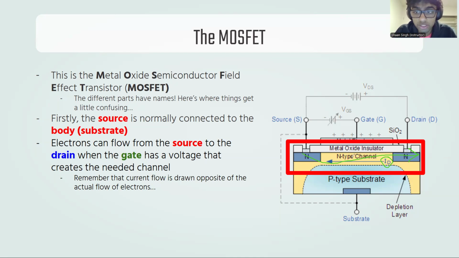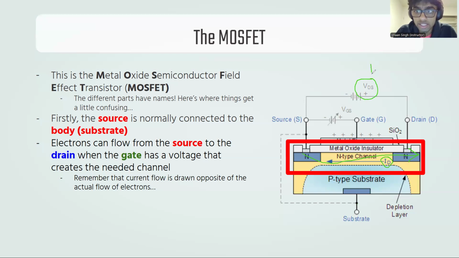So why does it flow from source to drain? That's a good question. First of all, we've tied the source to the substrate, and we've also forced this value VDS to be positive.